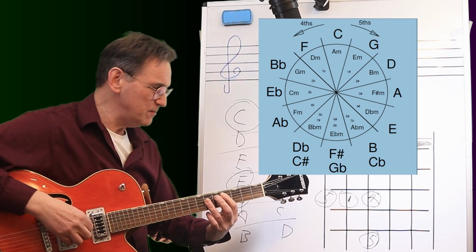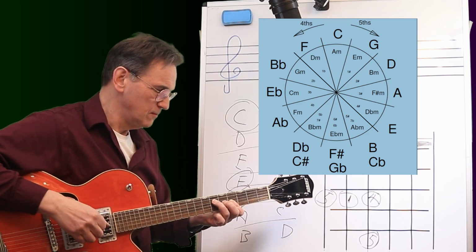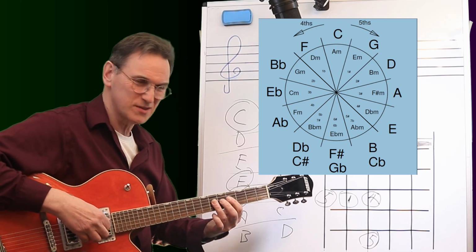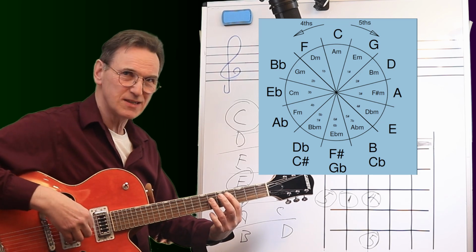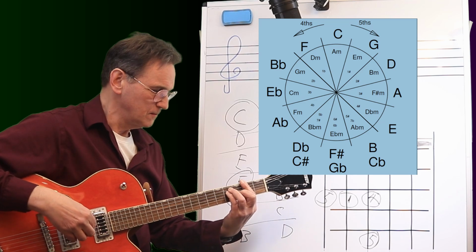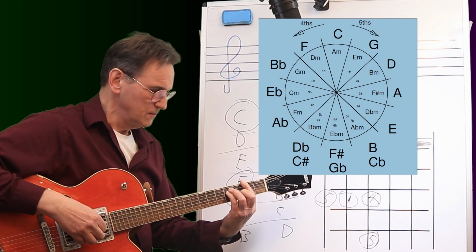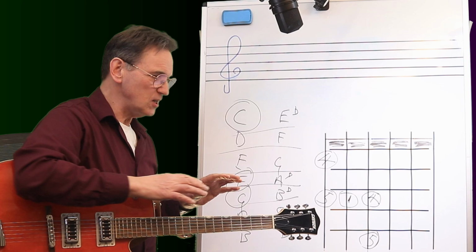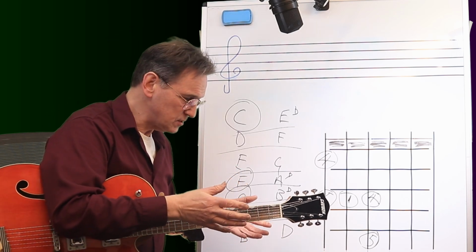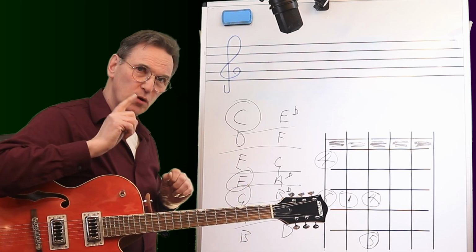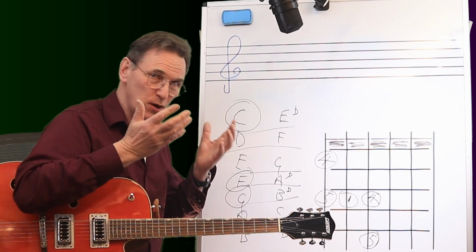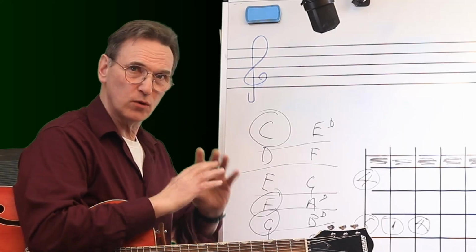There we're playing the A shape. So you can see how we're just using those basic CAGED chord shapes. Because we know what the 1 chord is, then we know what the 4 and the 5 is. So that's how you can transpose from one key to any key.